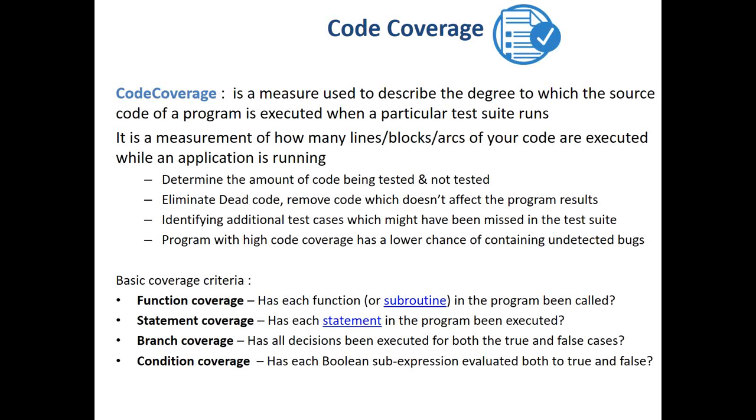Okay, so now when you run this process called code coverage, it is going to give us some kind of value by which we can determine how many lines of code have been tested, how many lines of code have been tracked or used when you run the application.